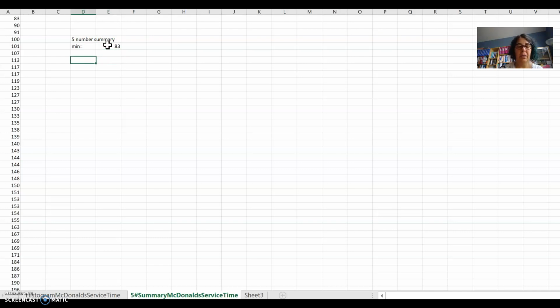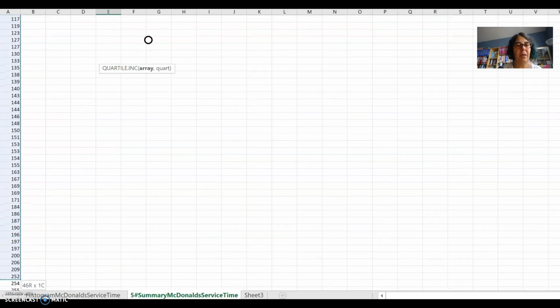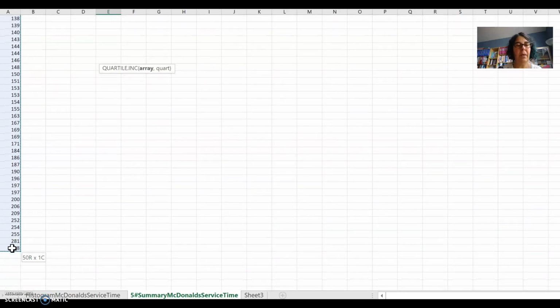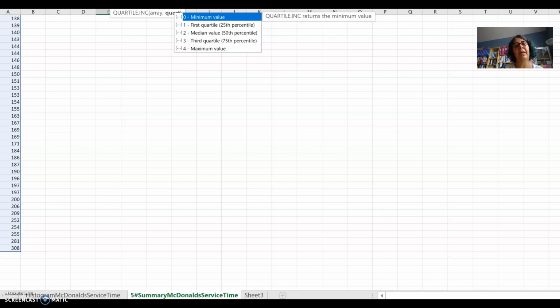Now our Q1, quartile 1, which is the median of the lower half, we're going to start by entering equals quartile.inc. Double click on it and highlight the data. Then go to the cell, and you want the first quartile.